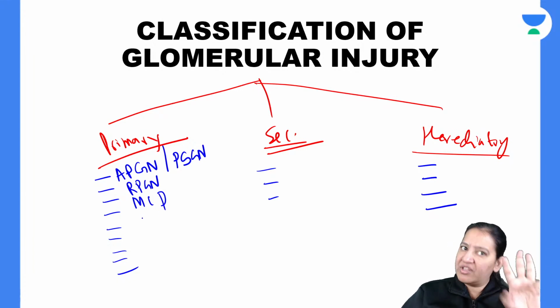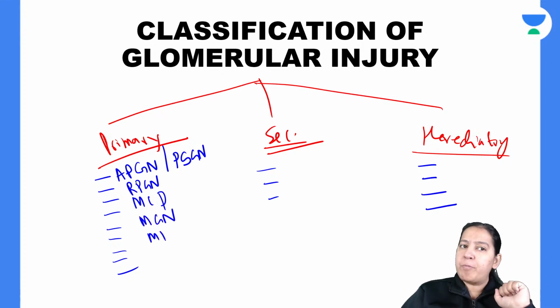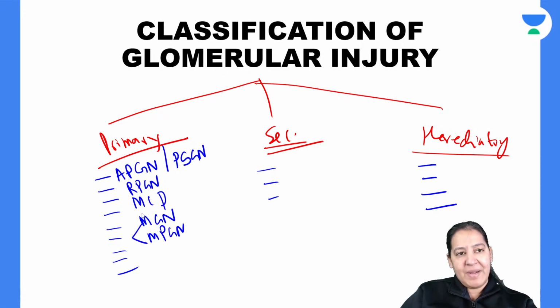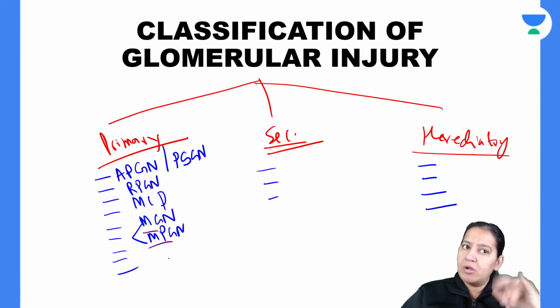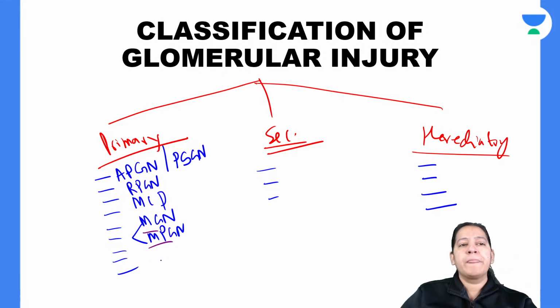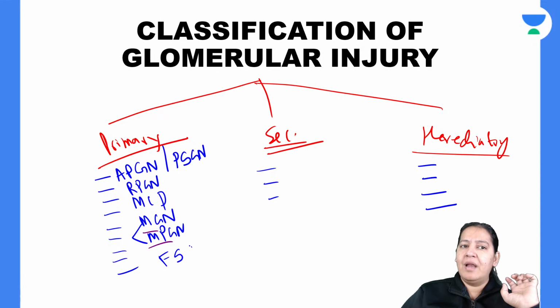The fourth and fifth come together: membranous glomerulonephritis and membranoproliferative glomerulonephritis. The next two also come together. What are the next two? Focal segmental glomerulonephritis and focal segmental glomerulosclerosis.